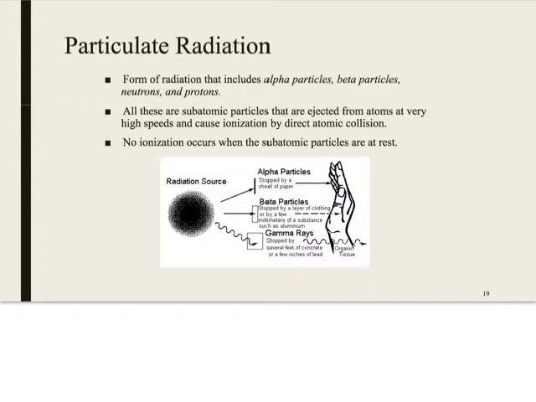So these subatomic particles are ejected from atoms for various reasons, and they cause ionization by direct atomic collision. They're actually bombarding the atom and causing ionization. They might even cause something more than ionization to occur. Interestingly enough, no ionization occurs with a particle that's at rest.